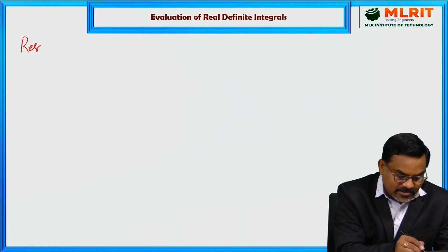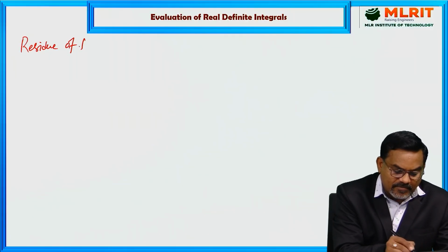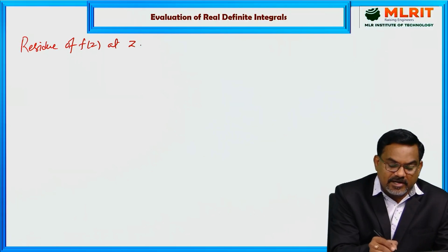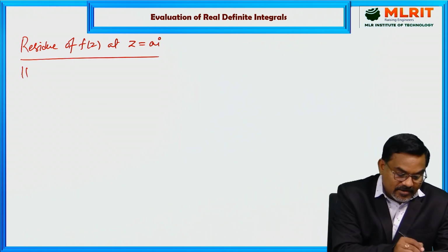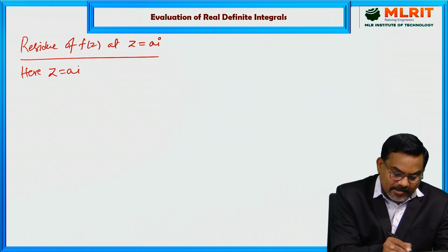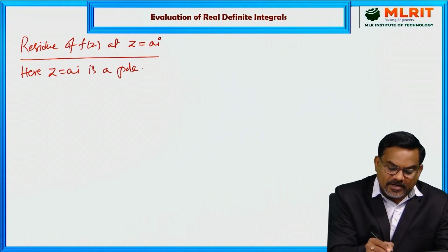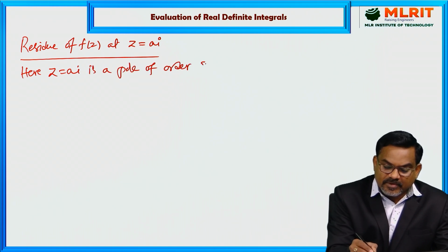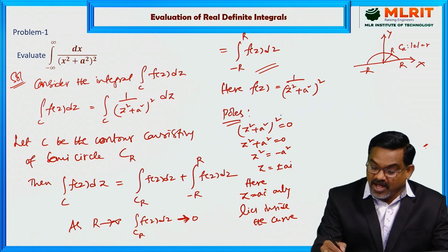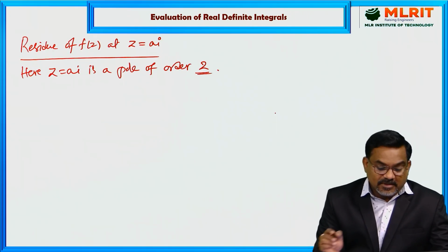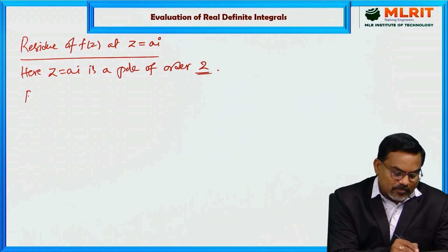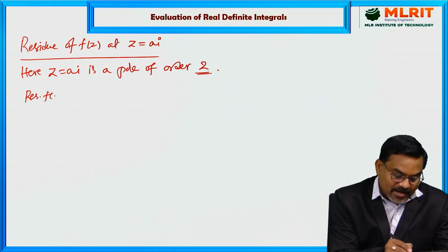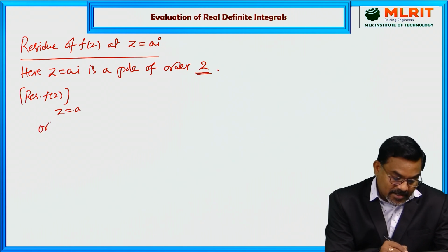Now, residue of f at z equal to ai, and also here z equal to ai is a pole of order 2. It's a pole of order 2 since here we have the whole square. Now what is the formula to find the residue of a function f of z at a pole z equal to a which is of order m?